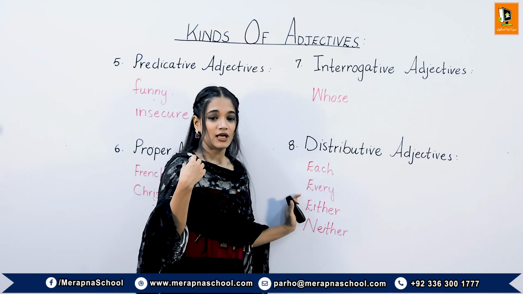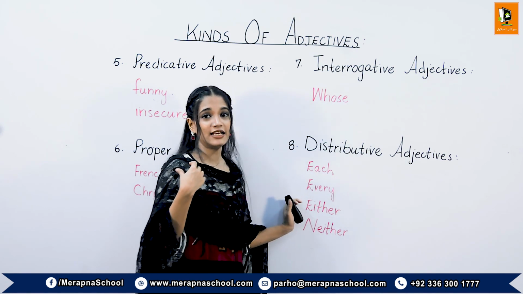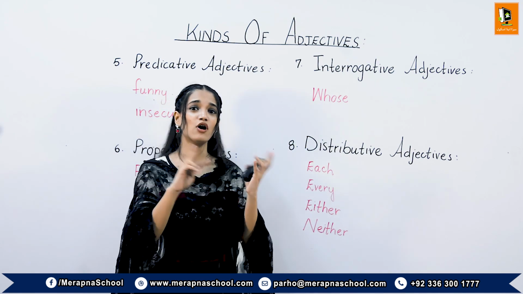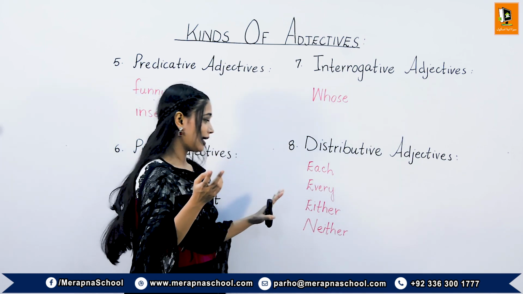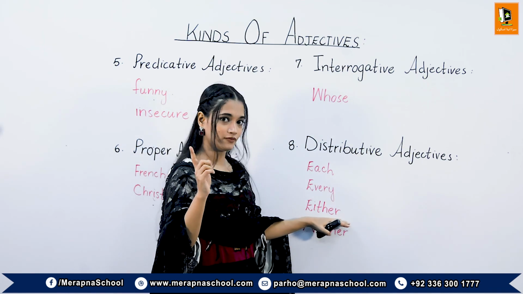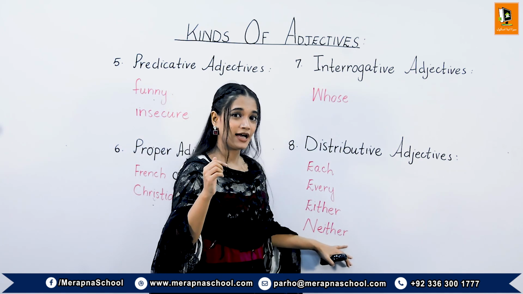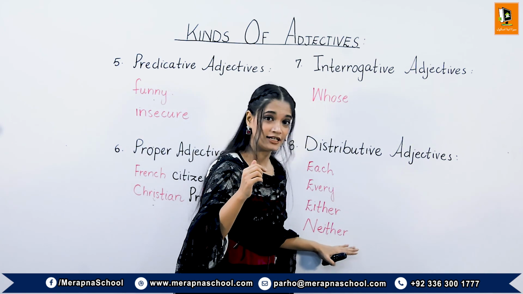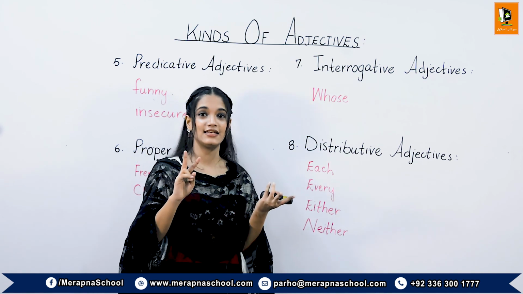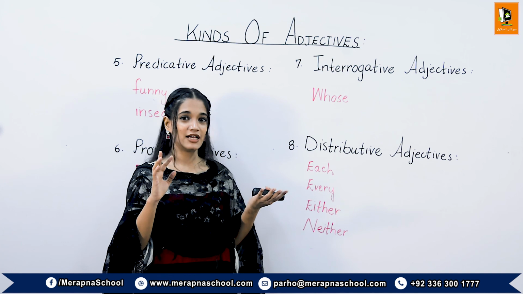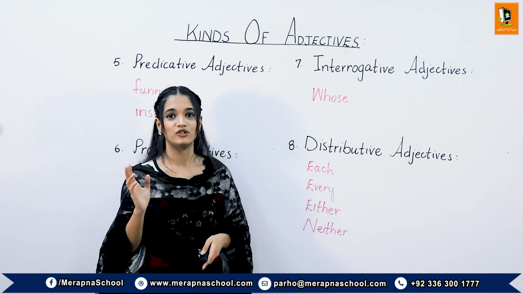Either. It implies one of the two options. If in a sentence two options are given, either represents one of the options. Neither. In the case of neither, two options are given in the sentence, but neither implies none of the options.